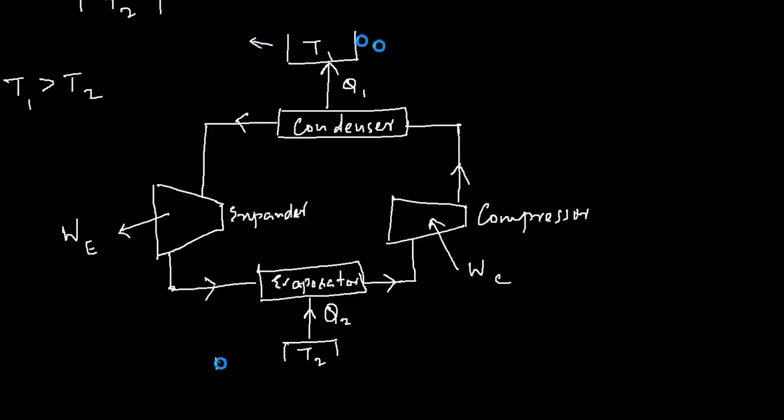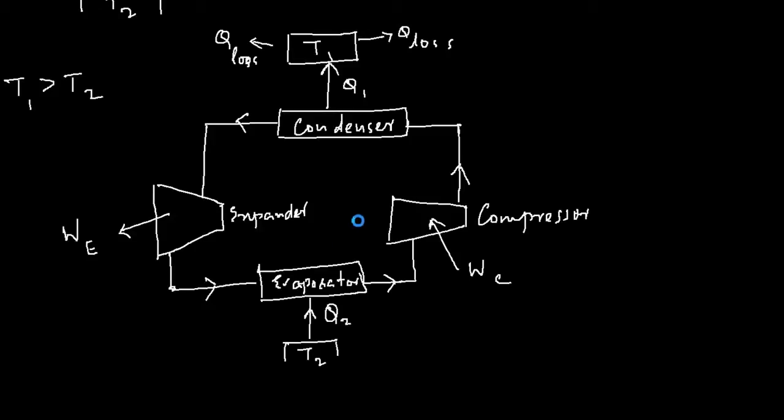Say, for example, there are heat losses from this body at T1, some amount Q loss, and you will need to provide the equivalent amount in order to maintain this body at a high temperature. So that is the function of the heat pump, and this is the function of a refrigerator. Both cycles operate in the same fashion, the same cycle, but the objective is different.